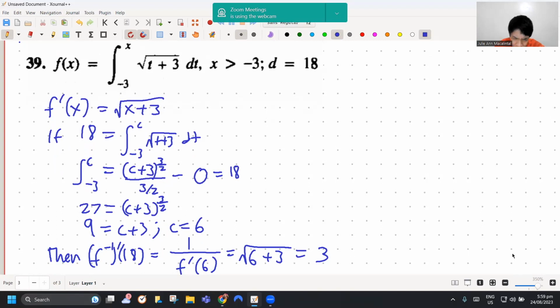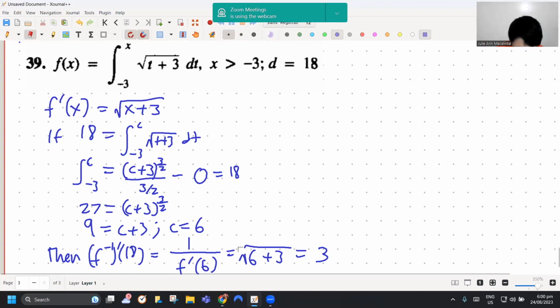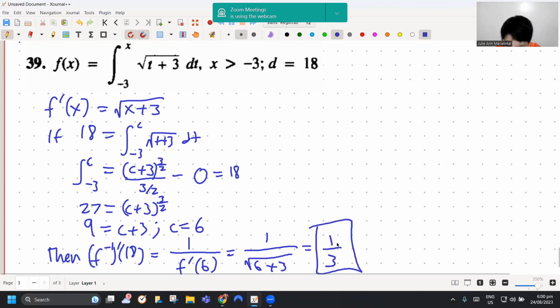F prime of 6 is square root of 6 plus 3. That's 3. Tignan mo. So dapat 1 over square root of x plus 6 plus 3 yan, or 1/3. Ayan.